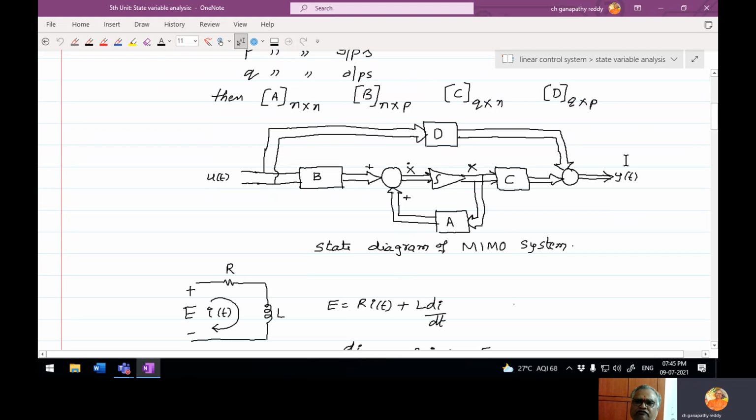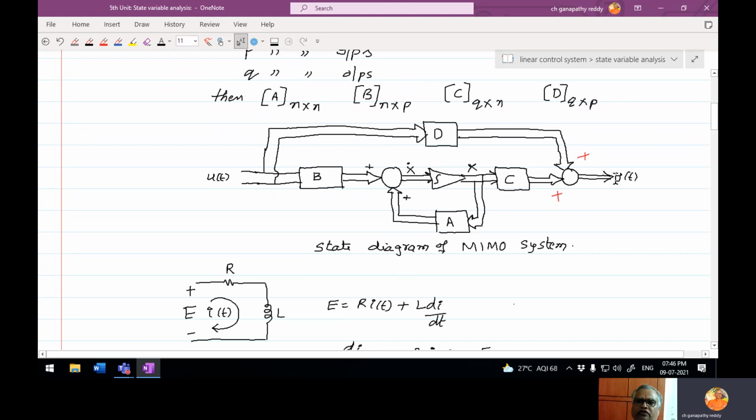What is the output equation? Y of t is equal to C into x of t plus D into u of t. This is the D matrix. D into u of t is one, C into x of t. So here again these two are added. This is plus, this is also plus.